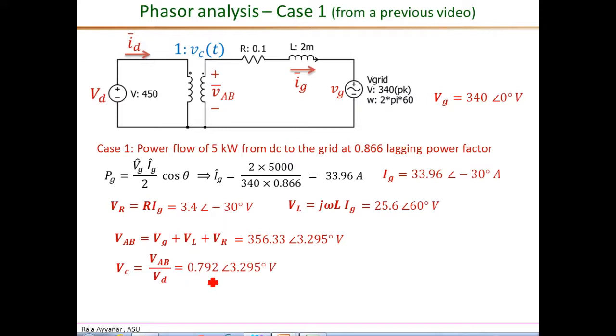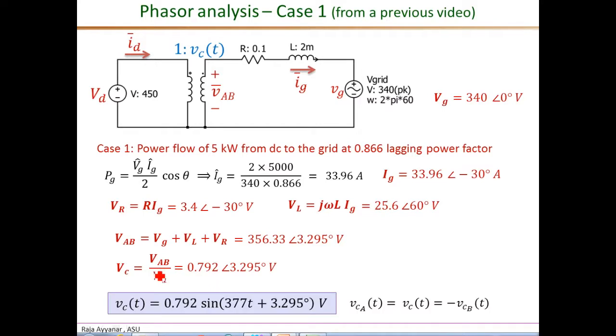That comes out to be this phasor, and the corresponding time domain expression for the control voltage Vc of t has a peak of 0.792, so 0.792 sine 377t with a phase angle of roughly 3.3 degrees. Once we know Vc, the control voltage for leg A, VCA, is the same as Vc, and that for leg B, VCB, is the negative of Vc.